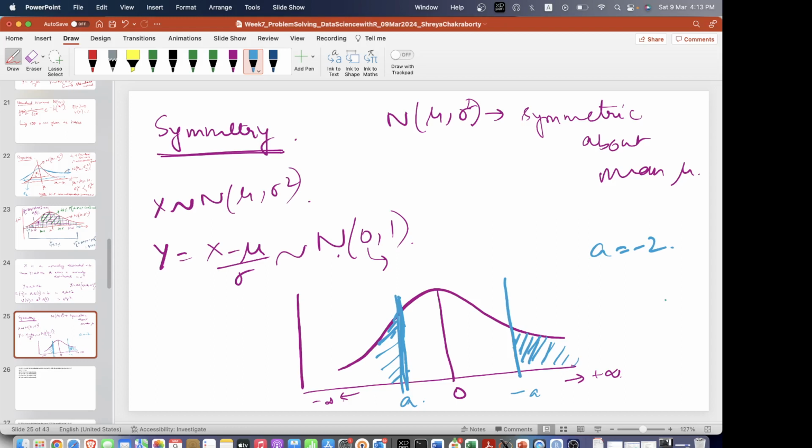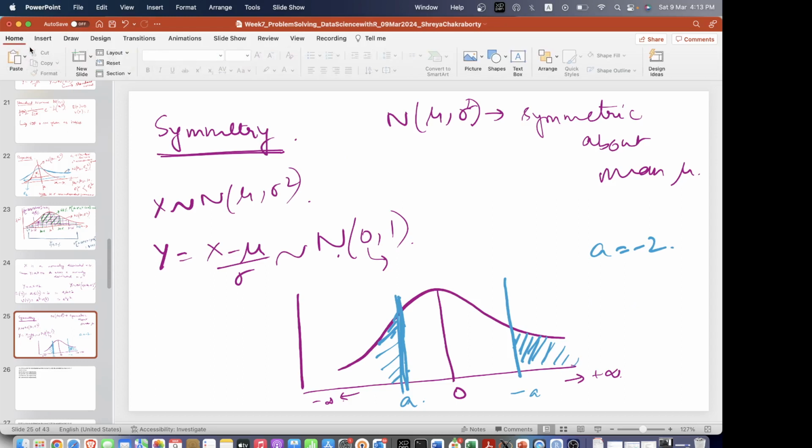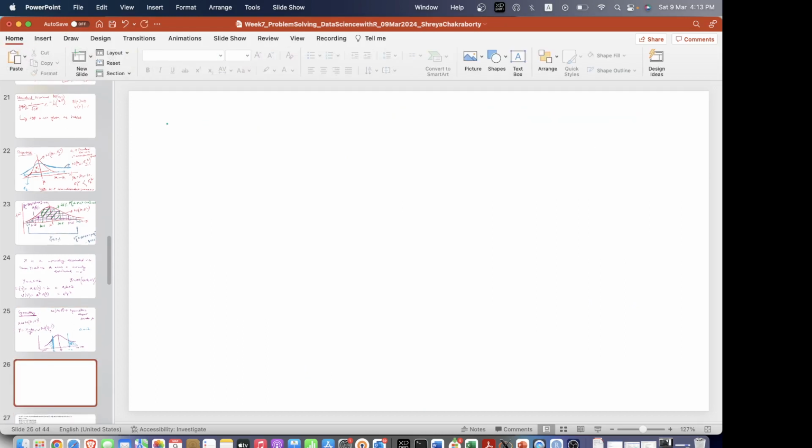So this is one such important property that we want to find out. Let's say we want to also find out something like this. We have a curve. This is a standard normal distribution.